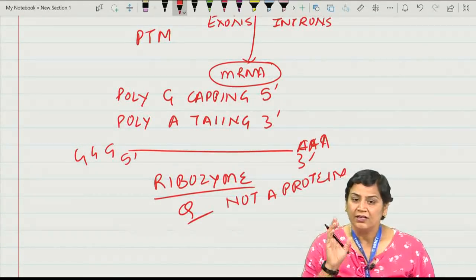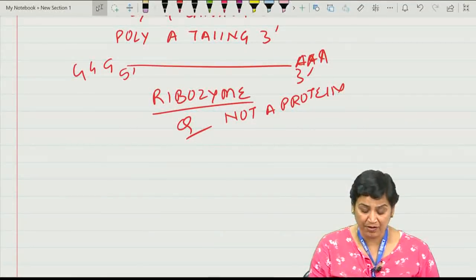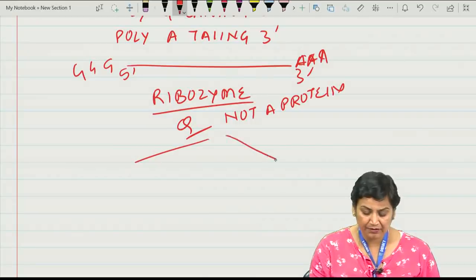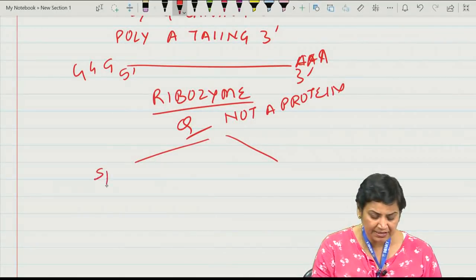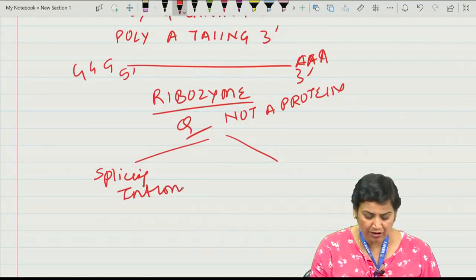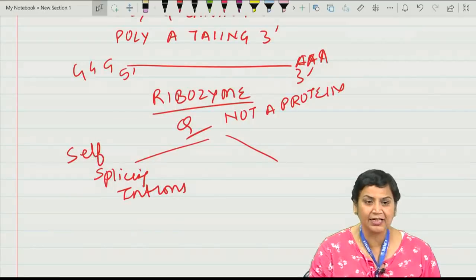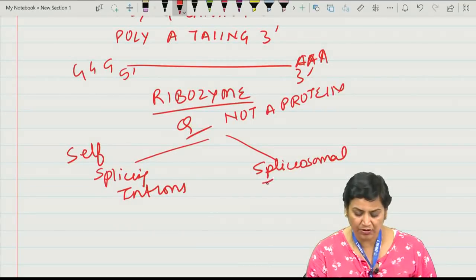In this, RNA has a catalytic activity, and this ribozyme can exhibit its function in two ways. One is self-splicing introns, and the other is spliceosomes or spliceosomal introns.